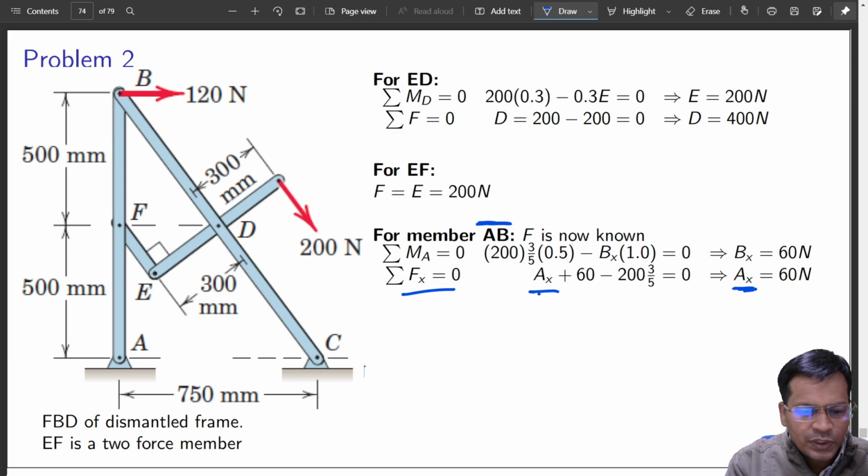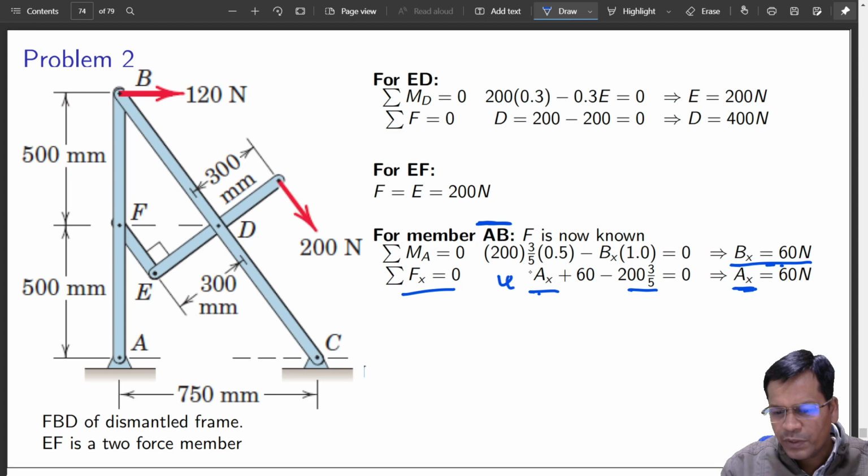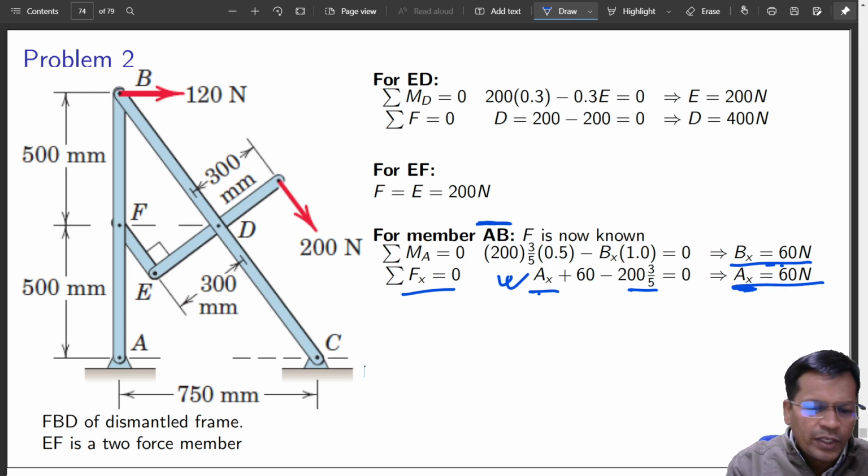If you know this is 200, convert it to the equivalent in this direction. Bx you have already obtained here, this is 60. So what is Ax? It can be figured out from here.